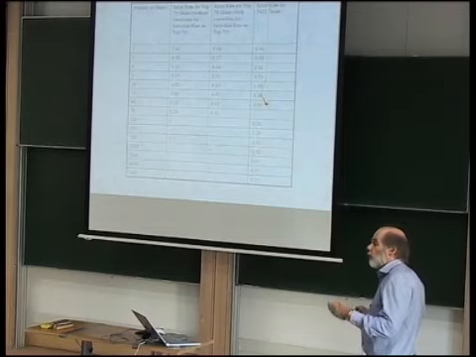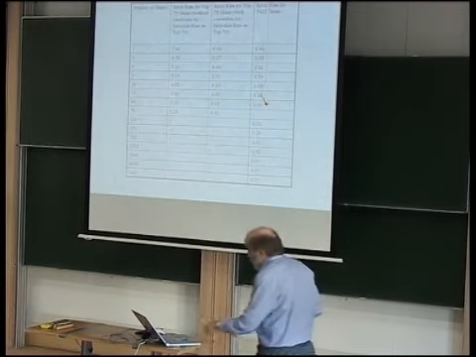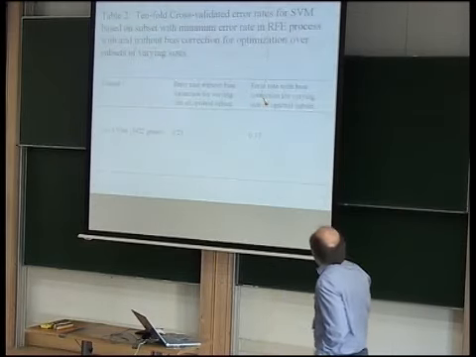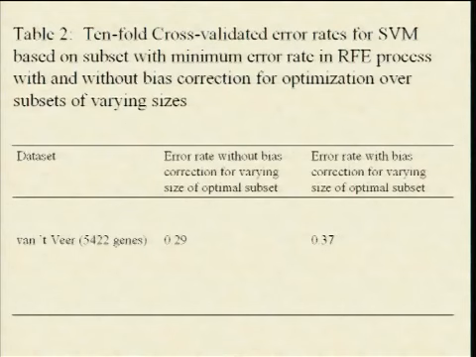So you really need to do another layer of cross-validation. And when you do that and correct for bias, the error rate comes out to be 37%. So basically, the best you can do on this data set, well, this is an estimate, is an error rate of about 37%.